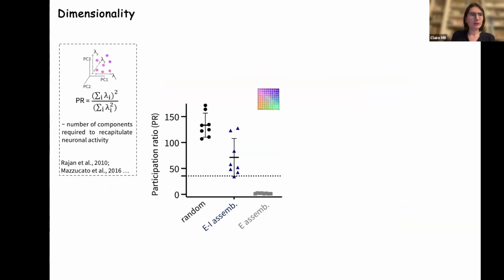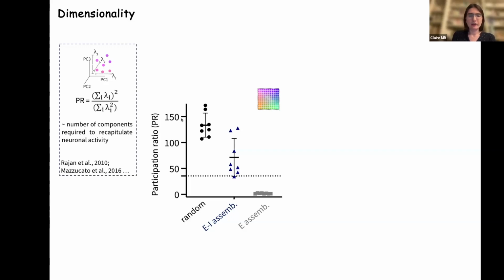So first, we can look at the dimensionality of activity. And so dimensionality of activity corresponds to the number of components which would be needed to recapitulate the observed neuronal activity. So here we use the participation ratio, which is a measure that depends on the PCA eigenvalues.